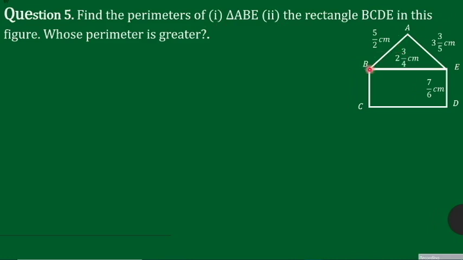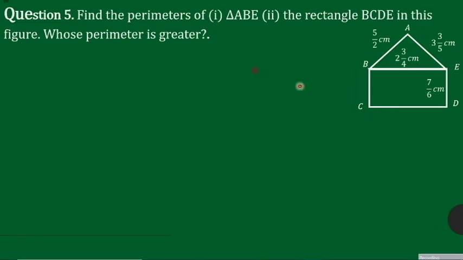This is a triangle, and we need to calculate its perimeter. Second, the rectangle BCDE. And afterwards we need to compare whose perimeter is greater, either the perimeter of the triangle or the perimeter of the rectangle.